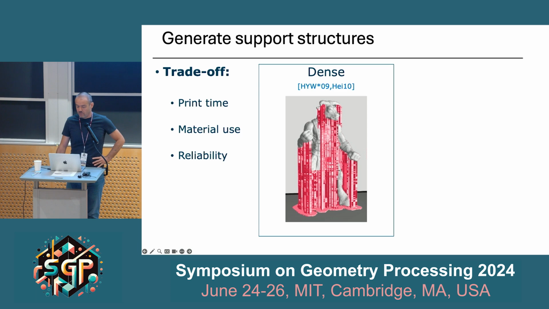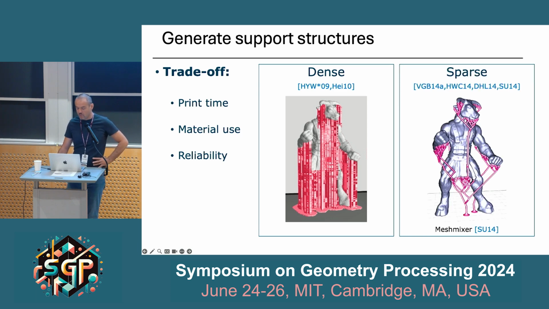This is very robust and reliable. Otherwise, you can use some more sparse approaches, such as this one. This allows you to save a lot of material. The drawback of these approaches is that these structures tend to oscillate during the printing process, and this makes the process a little bit more delicate.